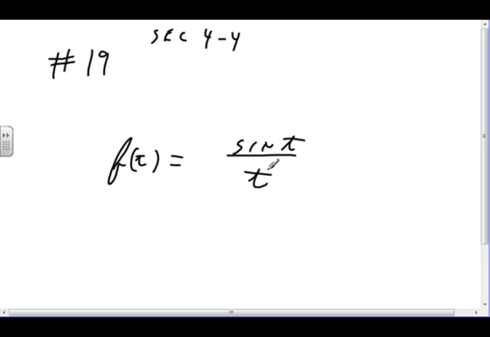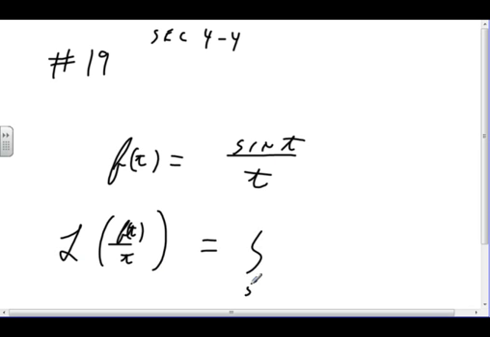I look at Theorem 2 and I say, well, I guess I can't do that. So I'm going to use Theorem 3, which says the Laplace transform of f of t divided by t is equal to the integral from s to infinity of F of sigma d sigma.